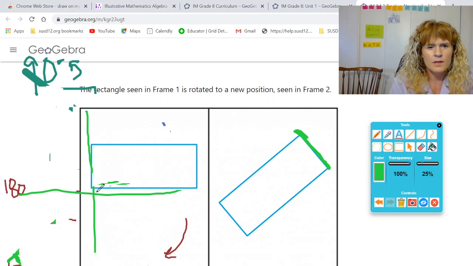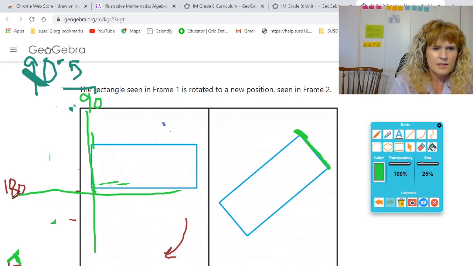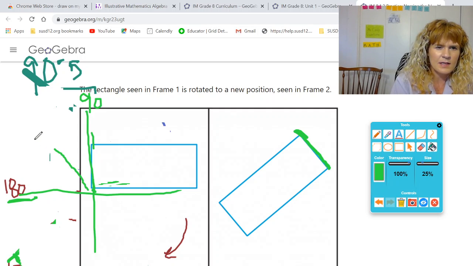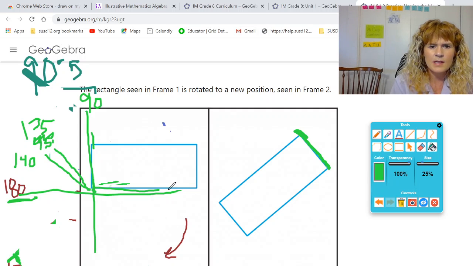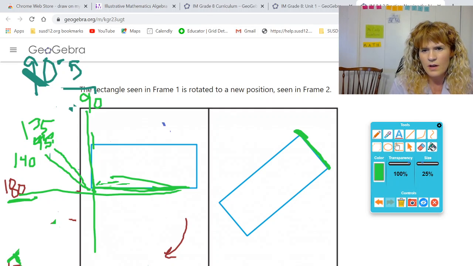Okay, so if I draw, let's see, this is 90 degrees, this is 180, that stayed the same. Halfway between 90 and 180, that's 45 degrees. So then this would be 135, because 90 plus 45 is 135. A little more than that is going to be 140. So this line here, which was at my 0 position, it's going to move all the way over there.